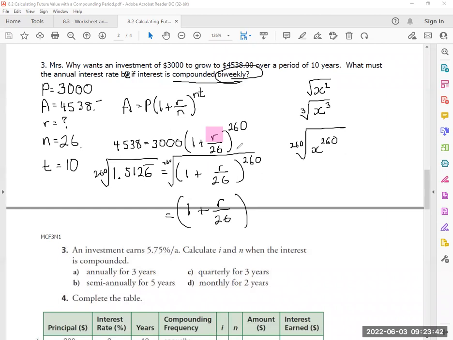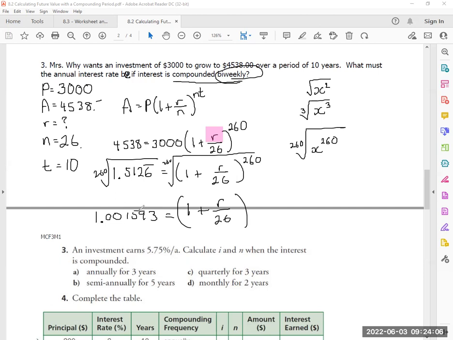And the 260th root of that is approximately, and it's important to keep all the decimals until the very end, 1.001593. As many decimals as your patience will allow.